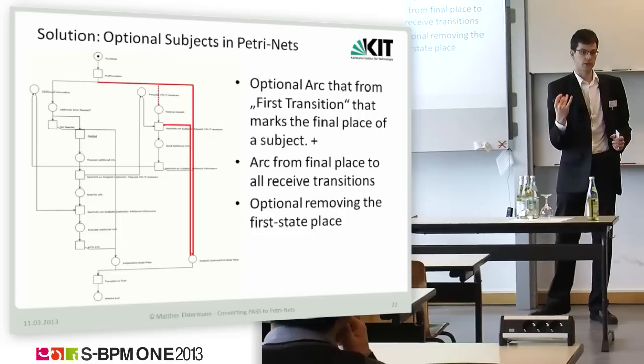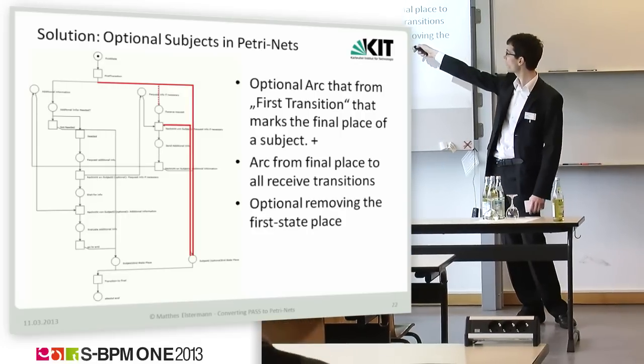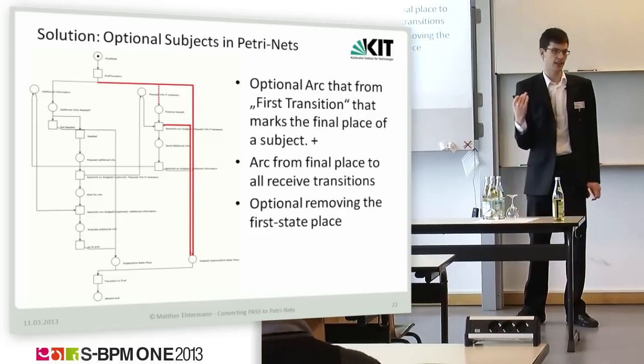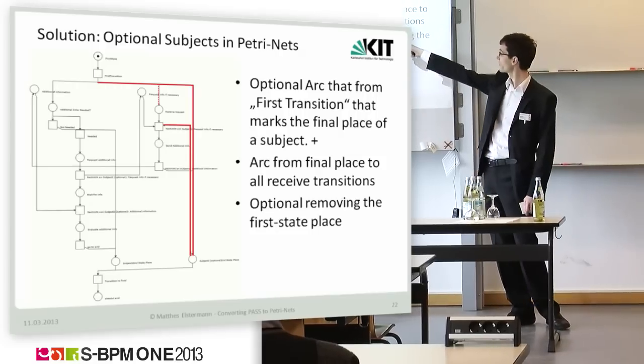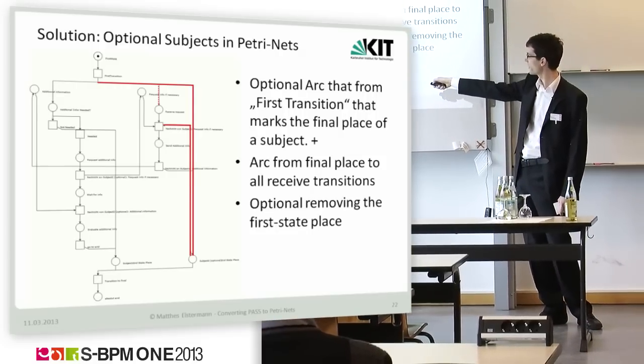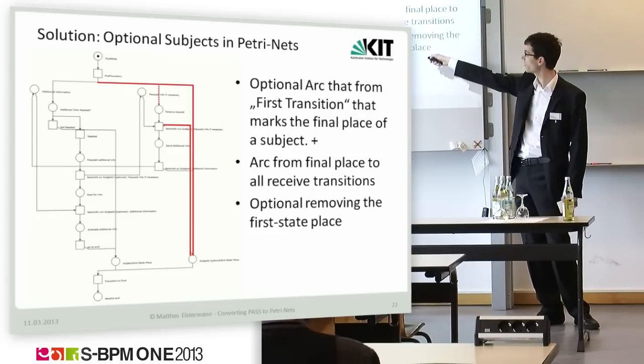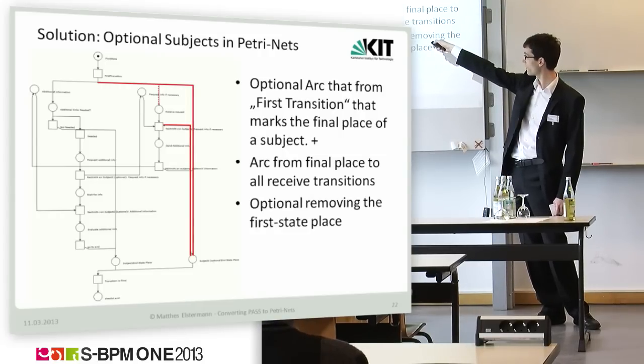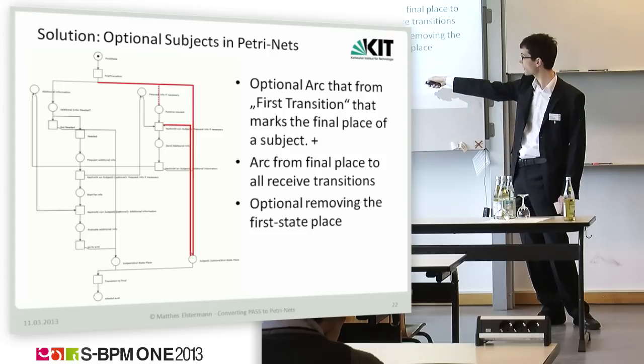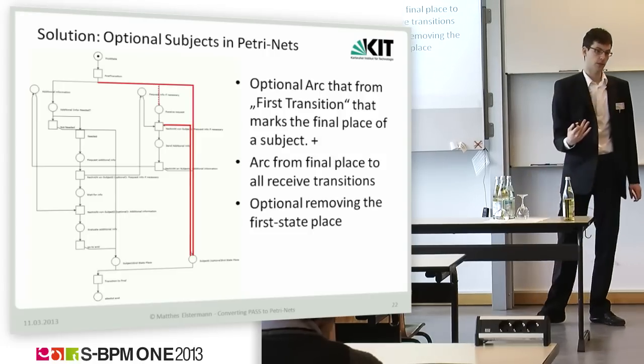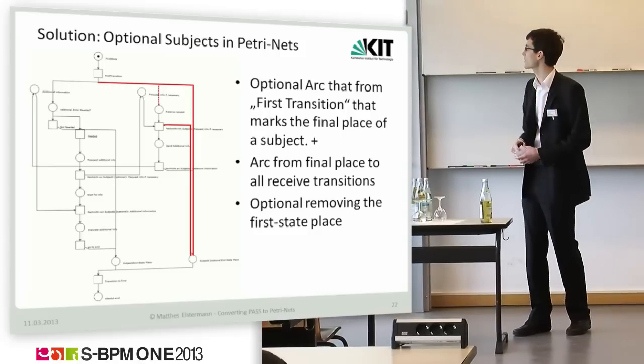And this is only a workaround, it's not formally correct: if you have a subject starting with a receive state, you also put a token on the final state. And only if a message arrives here, this state is marked, and also the end state is marked, you can go into the subject.